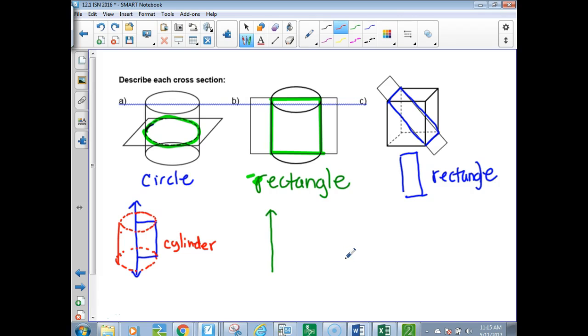A cylinder. If I were to spin a triangle around that line, good job, good visualization, if you saw a cone coming out of that, that would make a cone.